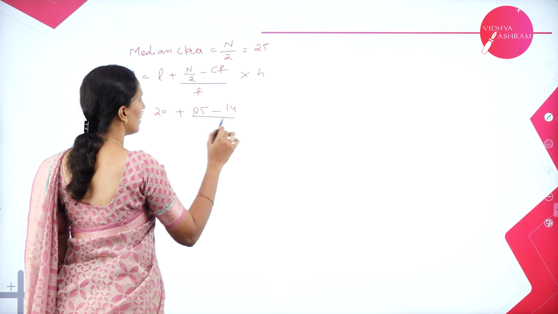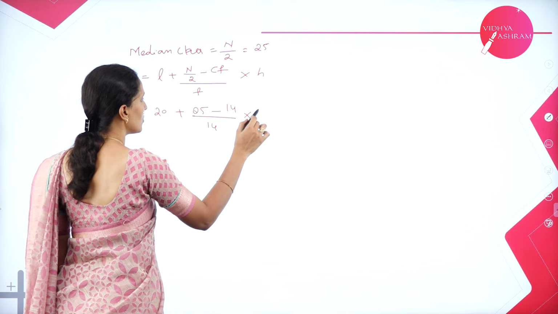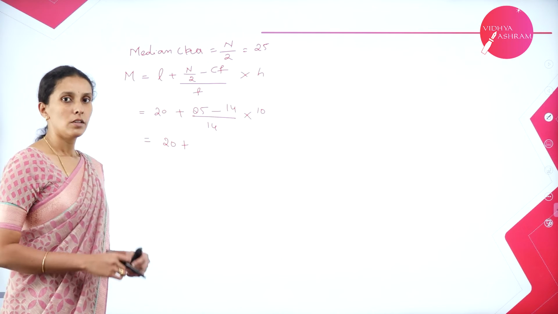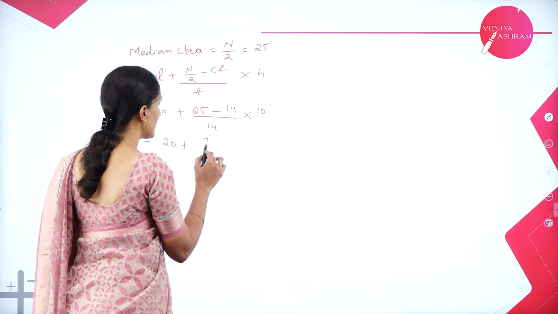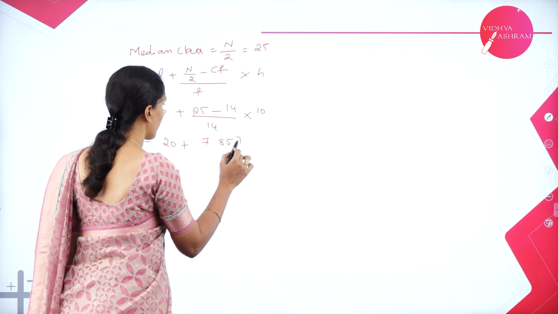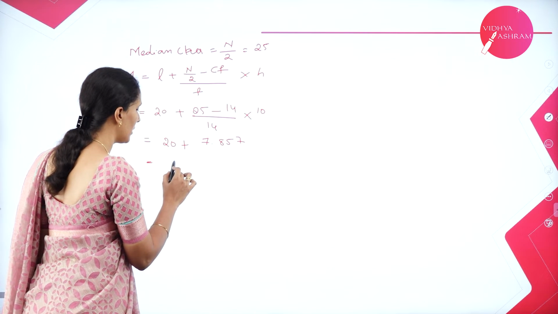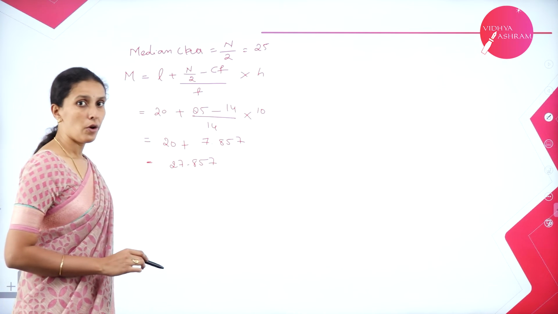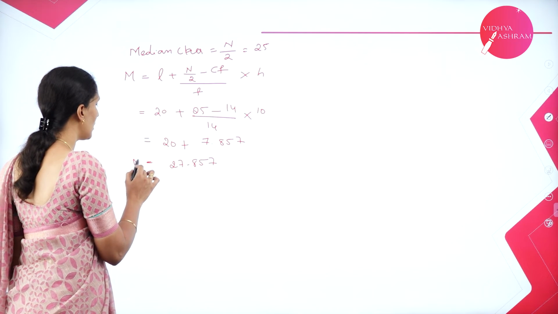So 14 divided by 14, class interval is 10. So the value is 20 plus 7.857. So when you add it, you will get the value as 27.857.